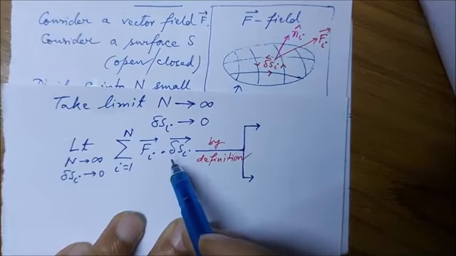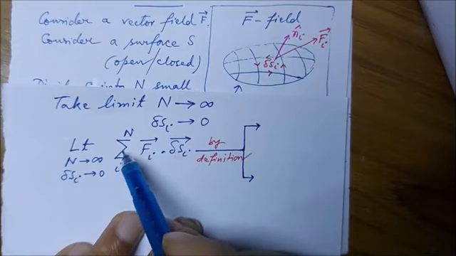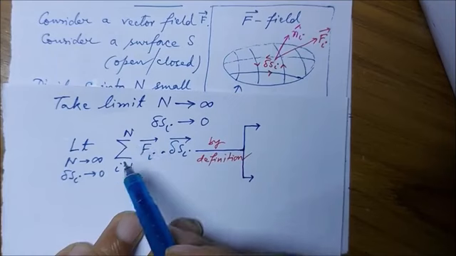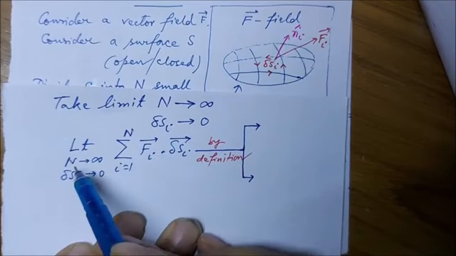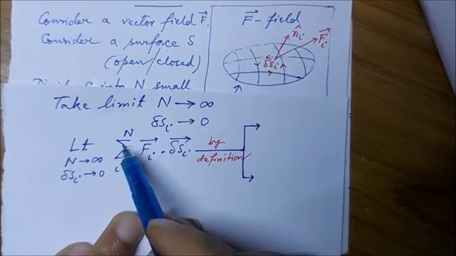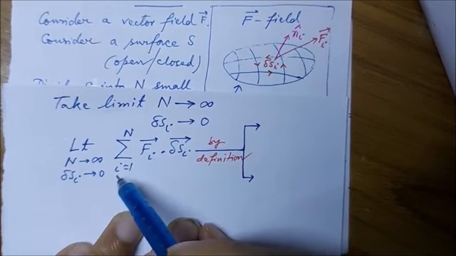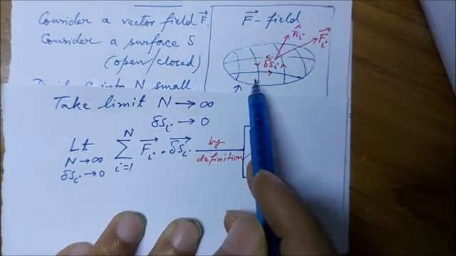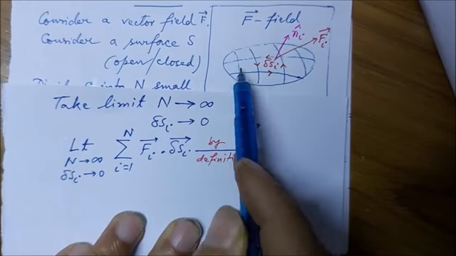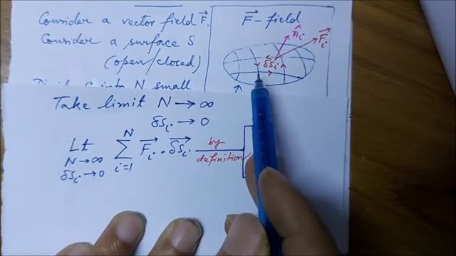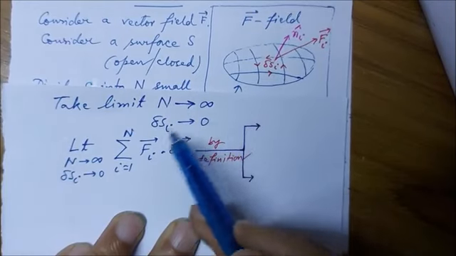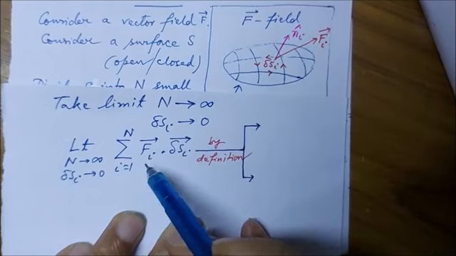So delta will be replaced by d and summation will be replaced by integration, because now under this limit we cannot perform the sum. In this limit we cannot identify and count the segments as 1, 2, 3, etc. Things are continuous and summation is replaced by integration sign.